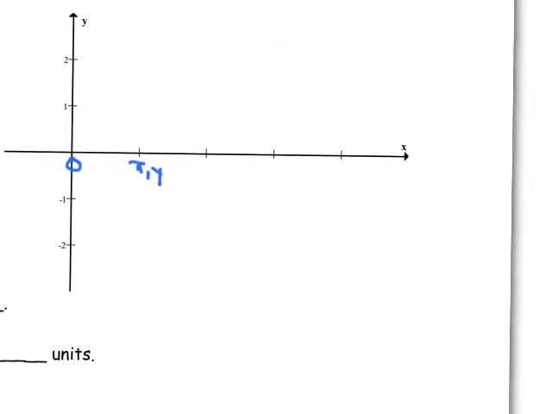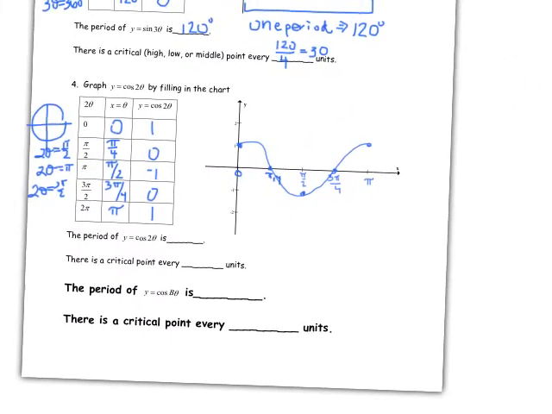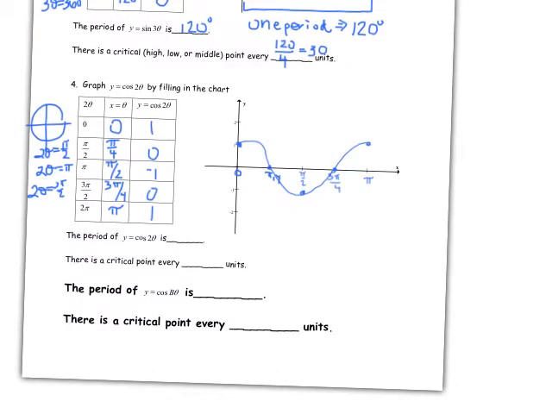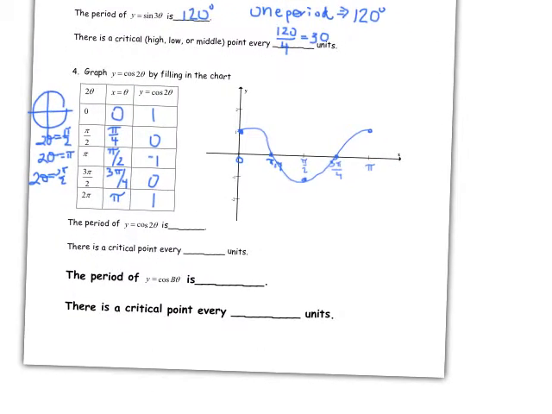That's right, because this is 1/4, 2/4, that's half, 3/4, so 3 pi over 4, and then the pi. And for cosine, we always start up and then make the U shape. So this is my cosine graph. The period for this one is, well, it took us pi to finish that.